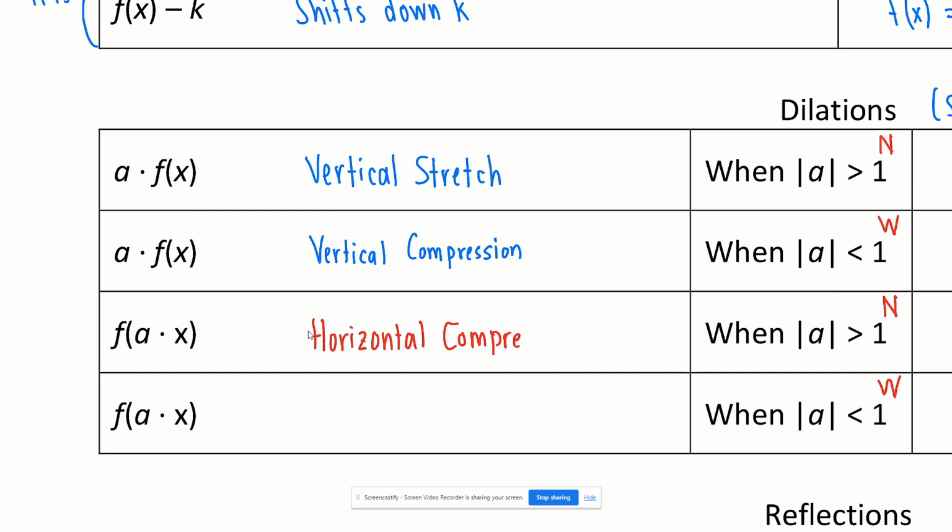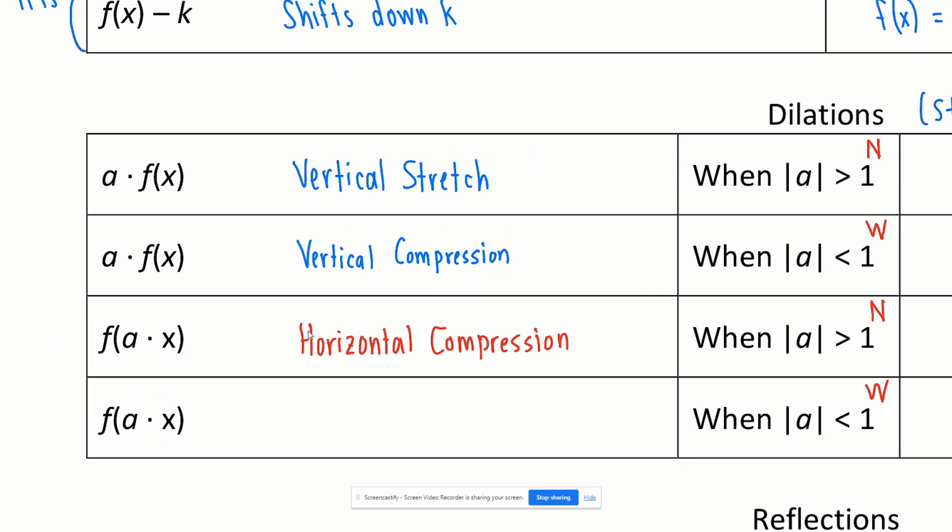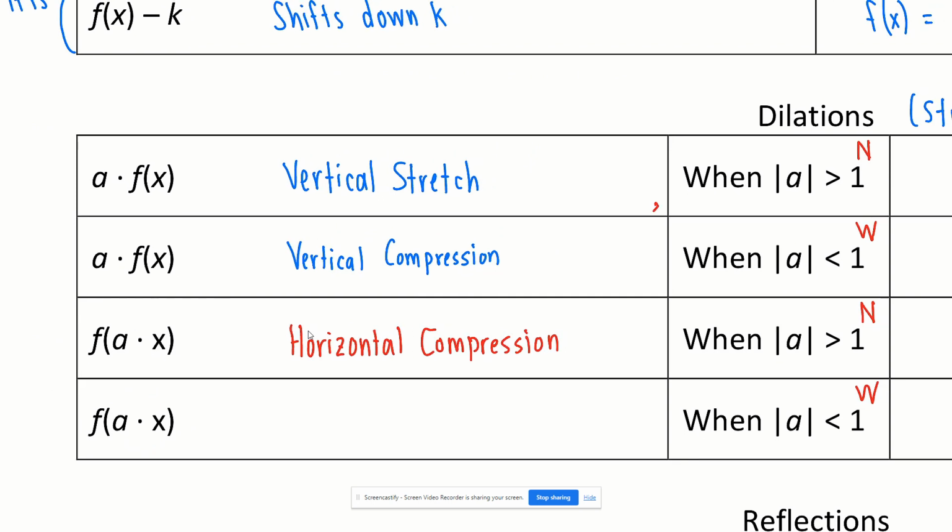So with that being said, there's some real similarities in what happens to a graph that gets vertically stretched and horizontally compressed. It makes it more narrow. And you know that those are happening. Why? Because those A values are greater than 1.